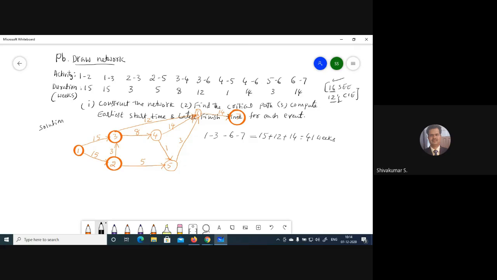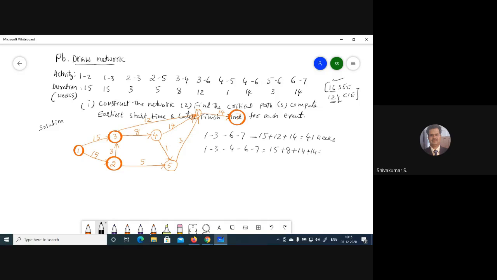Now next, one more is there. 1 to 3, next 3 to 4 you can go here. From 4, we have 4 to 5 and 4 to 6. Let us take 4 to 6 and then 6 to 7. Check out now how much. 1 to 3 is 15 weeks, and 3 to 4 is 8 weeks. 4 to 6 is 14 weeks, plus 6 to 7 is 14 weeks.